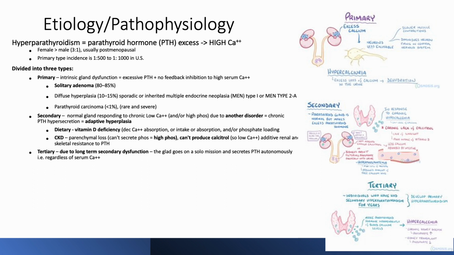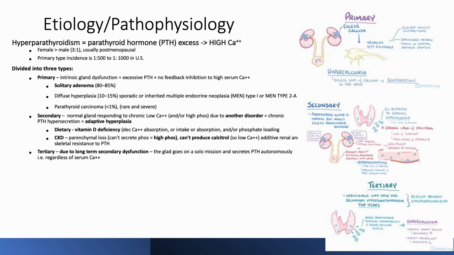Now, tertiary hyperparathyroidism is a situation that's had secondary hyperparathyroidism for so long that the gland goes on its solo mission and independently, autonomously just keeps secreting PTH regardless of the serum calcium.